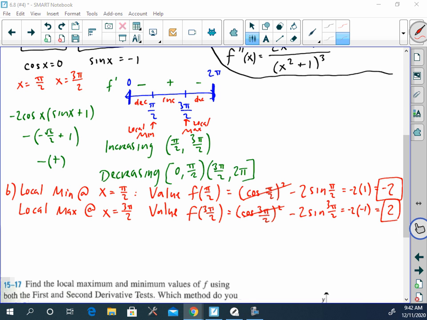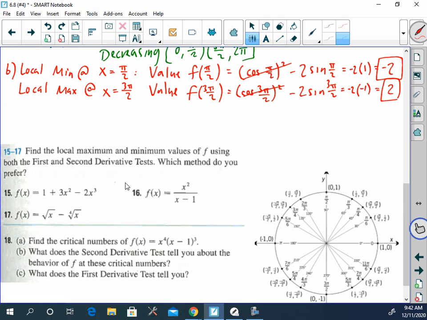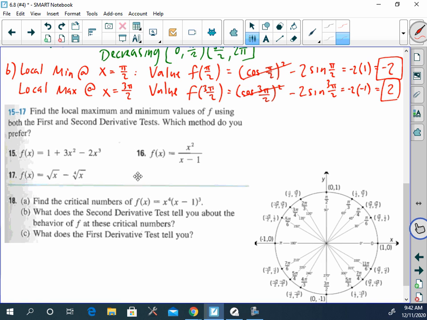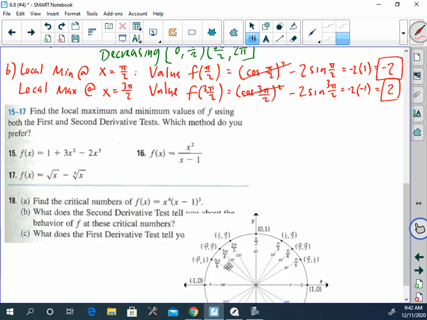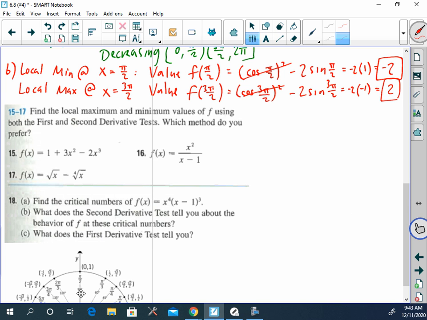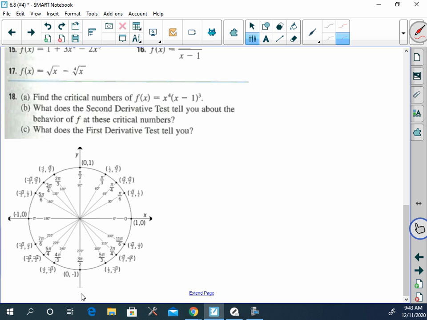Okay, so 12, 14, how to finish 16. So 16, find the local max and min values of f using both the first and second derivative. Which method do you prefer? Okay, so Chad, what was your question on 16?